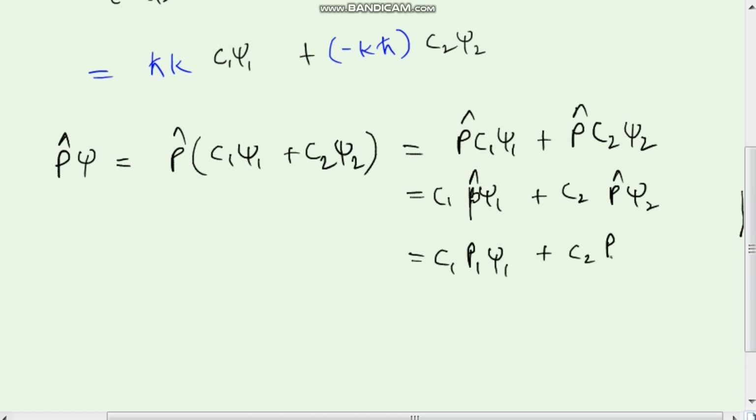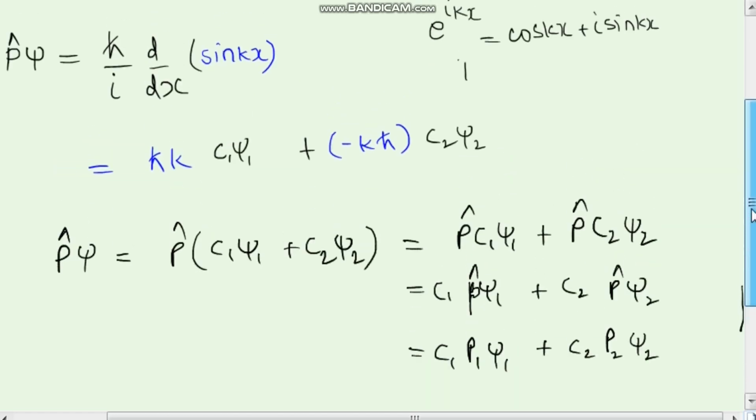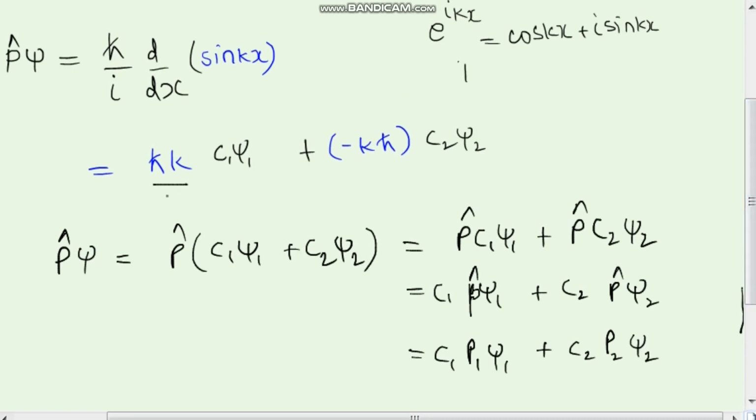Similarly you will get p2 psi2, and this is what we have got. This is our p1, and this is our p2, and c1 psi1 and c2 psi2 are just right here.